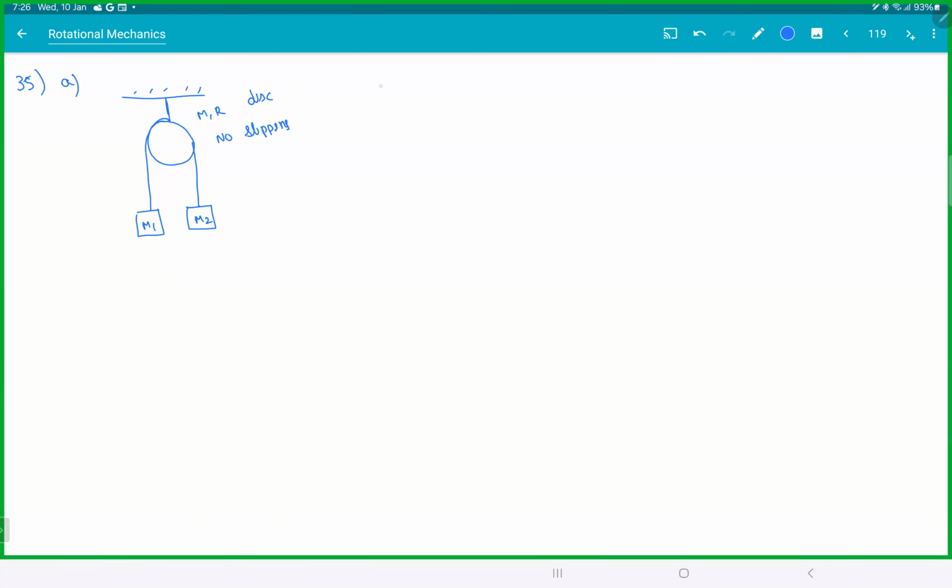No slipping. Theta 1, theta 2. We have a pulley here, MR, no slipping. M1, M2. The ground is smooth. Wedge is fixed.